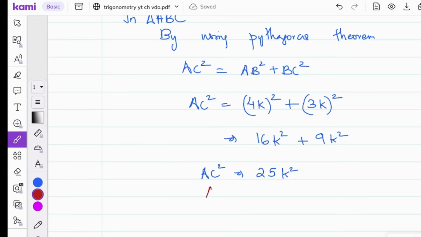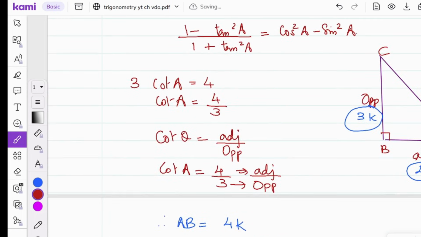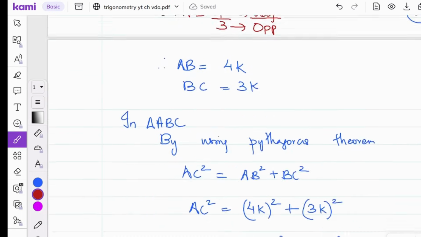So what is AC? AC is the root of 25k square, which means it is 5k. So now I got the value for AC, which is equal to 5k. Now I need to find the equation that I need to solve here.